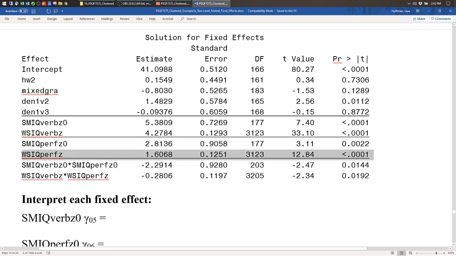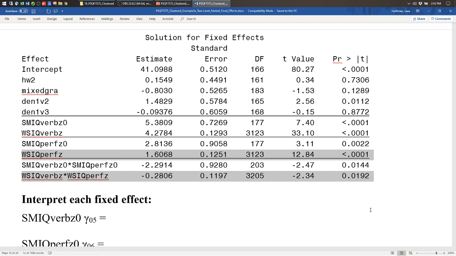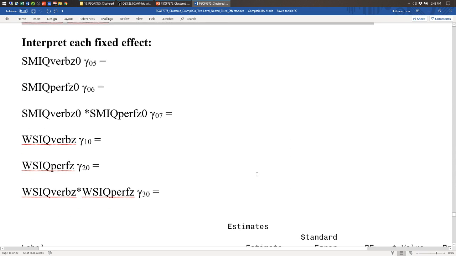Within schools, if you have average verbal intelligence relative to the rest of the peers in your school, for every unit more performance IQ you have than others in your school, your language goes up by 1.6. What happens to that effect in kids with higher verbal relative to their school? Less positive, it's weaker. At what point does it not matter? Wouldn't that be nice to know? So let's find out.